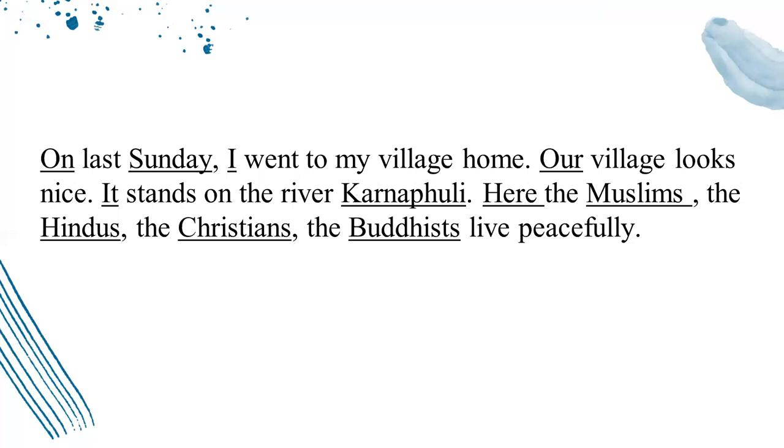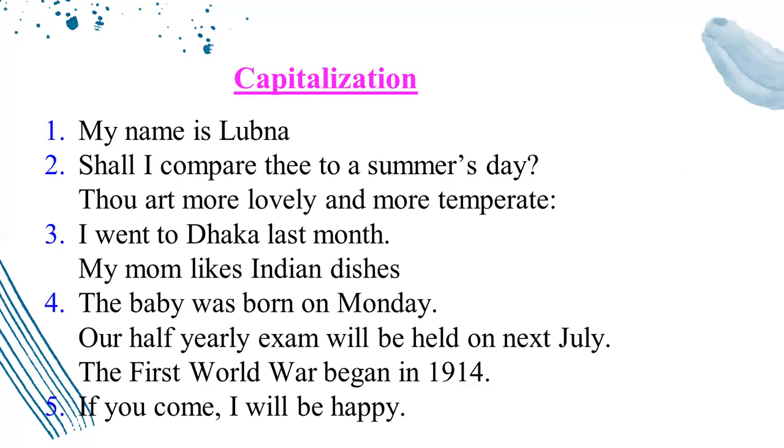Okay. Here, some sentences. First one is, my name is Lubna. The first word in each sentence always starts with a capital letter. Okay, you have to mind it. Next, number 2, shall I compare thee to a summer's day, thou art more lovely and more temperate?